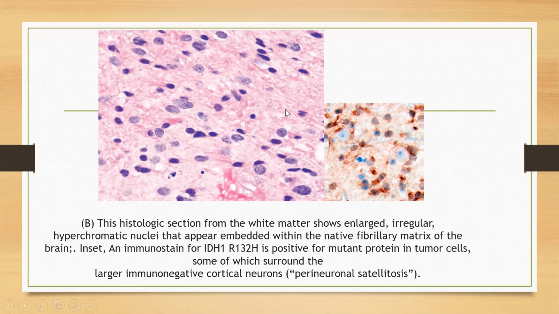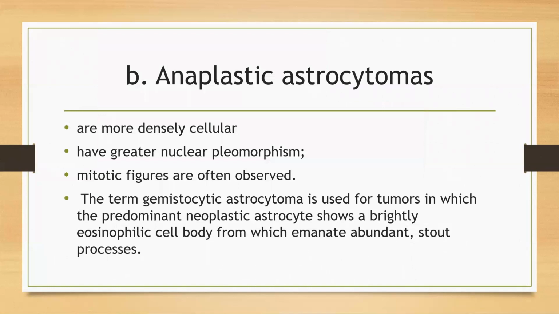Enlarged nuclei appear to be embedded within the fibrillary background. You can see here immunohistochemistry for IDH1 R132H is positive for mutant protein in tumor cells, some of which surround a large immunonegative cortical neuron, called perineuronal satellitosis.